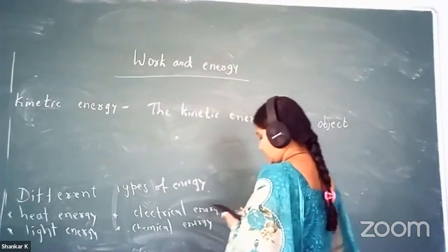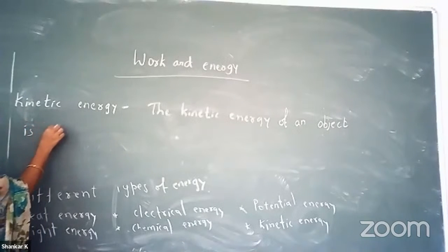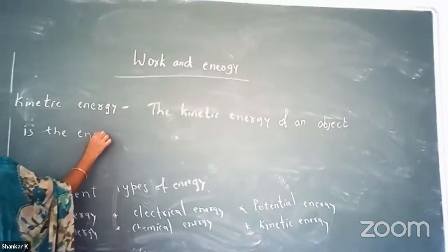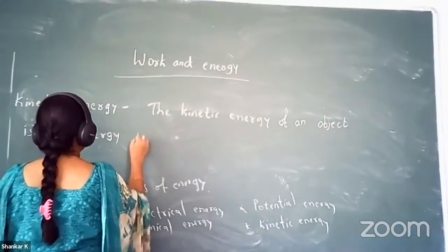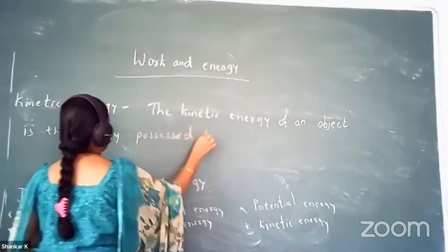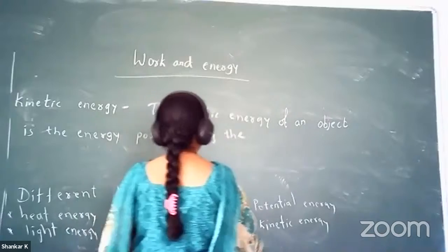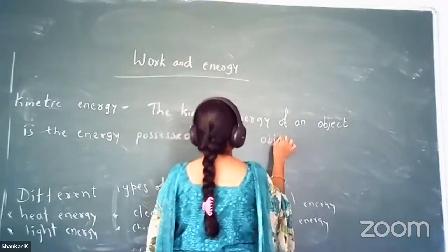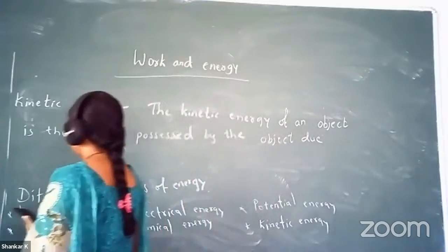Kinetic energy of an object is the energy possessed by the object due to its motion.